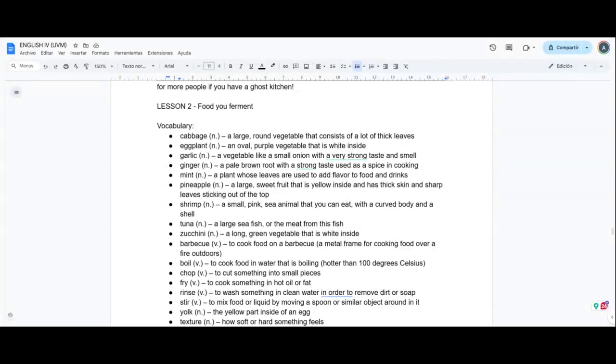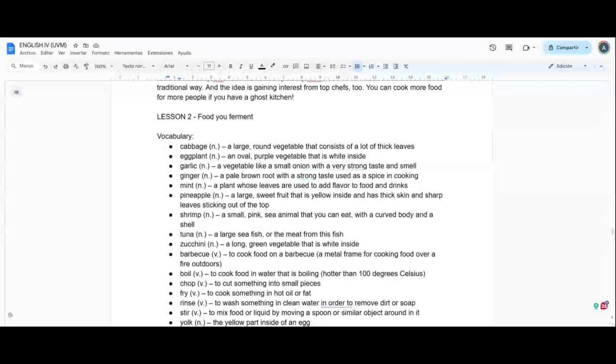And also, you learn some vocabulary, especially verbs, to talk about actions in the kitchen or while cooking. Again, we have more common verbs, but in this case, they tried to introduce us to the vocabulary that we can find in recipes, for example.